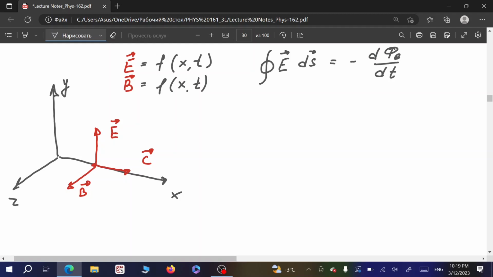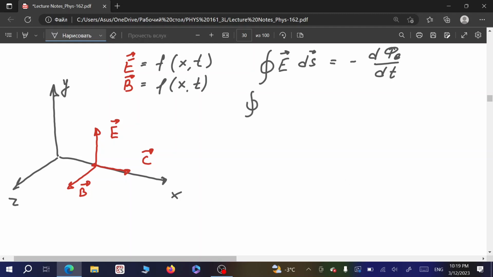And another equation, which is actually needed for this derivation, will be Maxwell-Ampere's law, which is the fourth Maxwell equation.